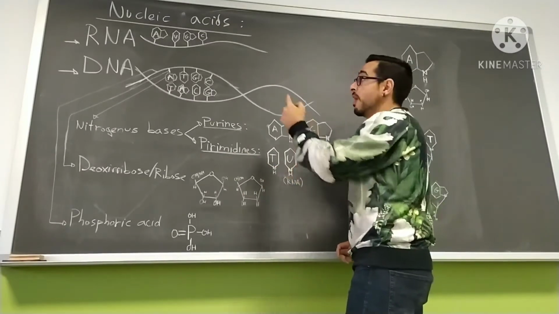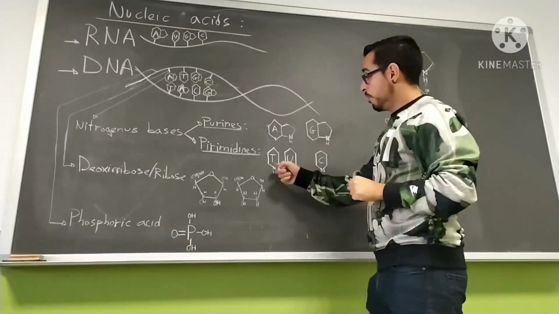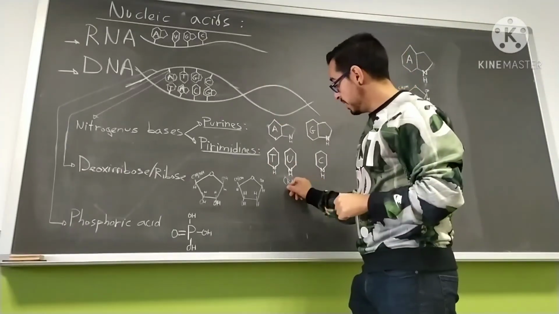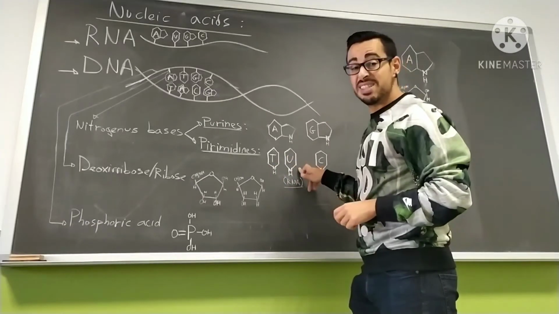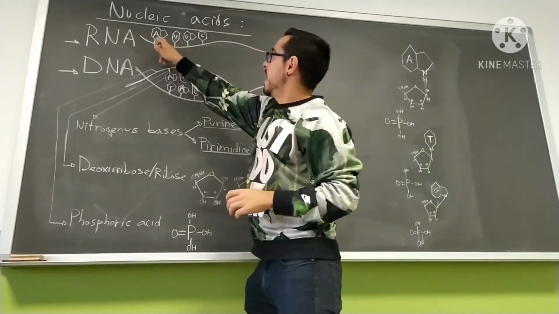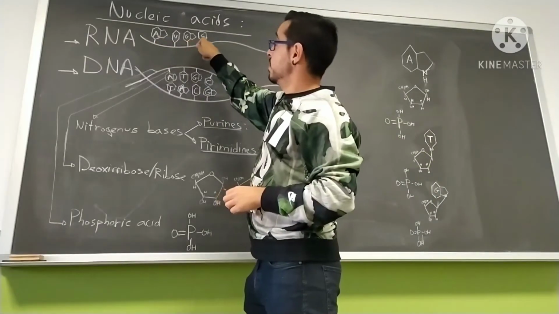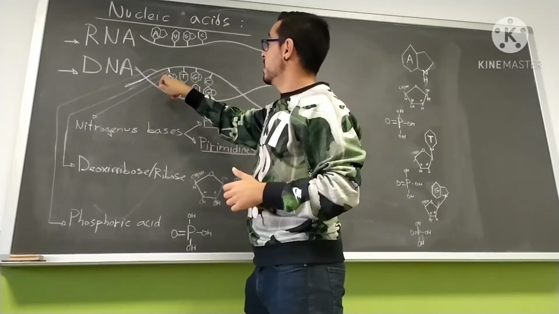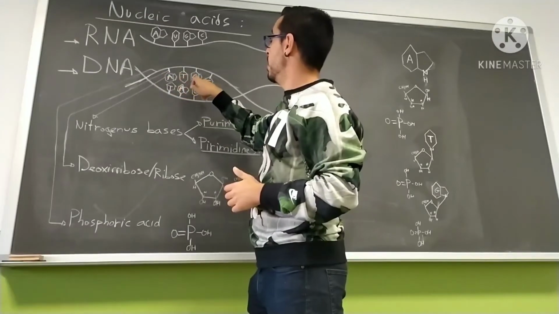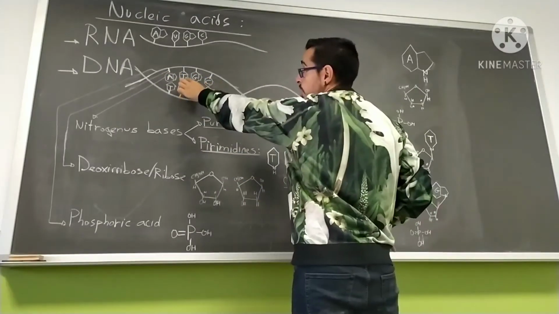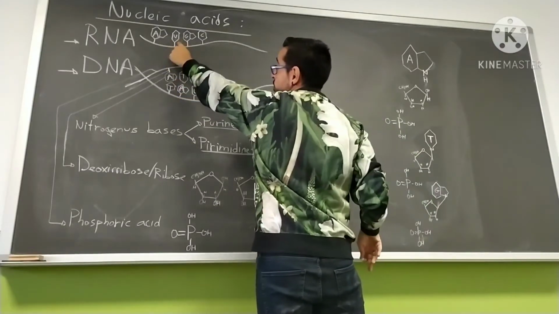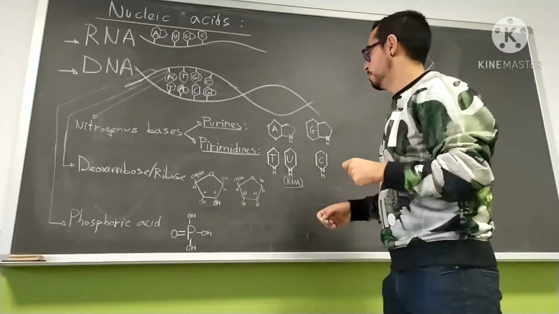In the case of RNA, instead of having thymine, it has uracil. So as you can see, RNA has adenine, uracil, guanine, cytosine, and DNA has adenine, thymine, guanine, and cytosine. DNA has thymine, and RNA has uracil.